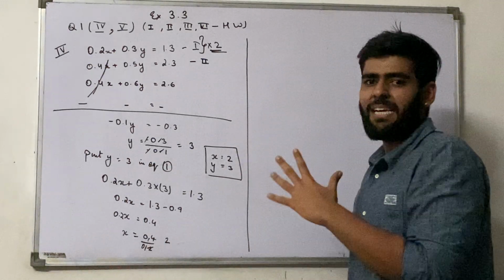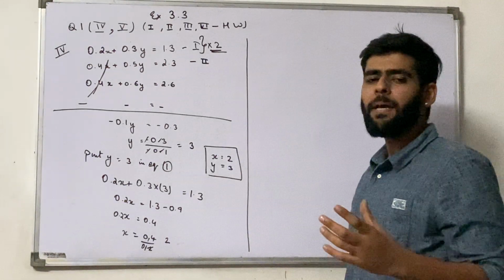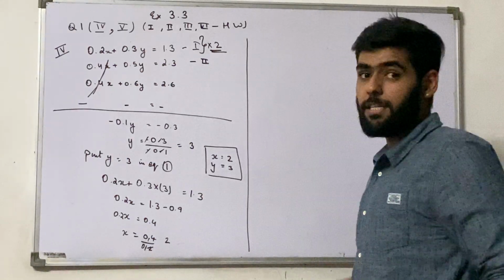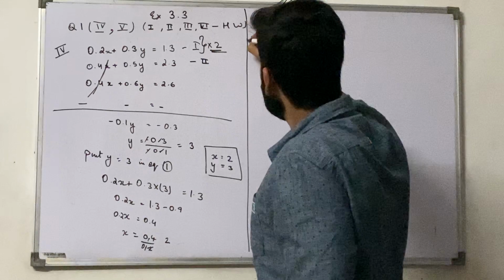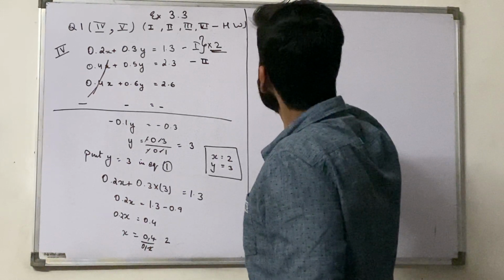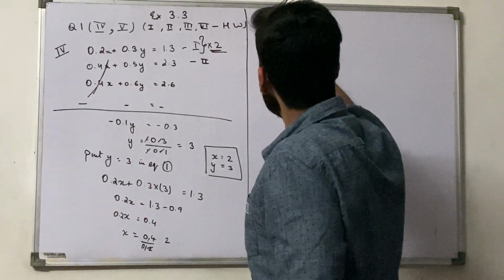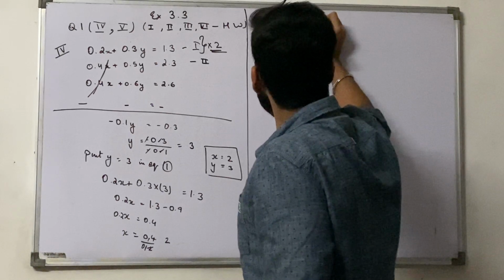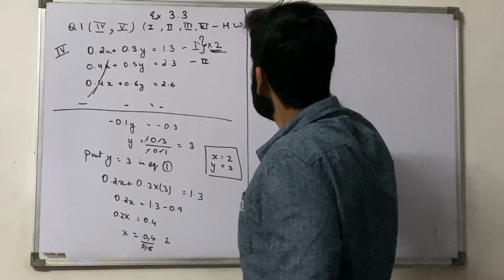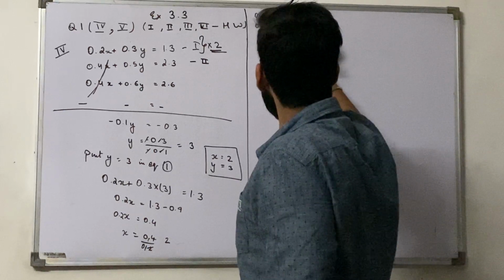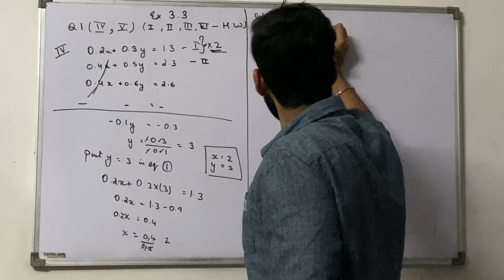Now you will just come to know why the substitution method is a difficult method. You will just see the number of calculations we have. So the first equation we will write, that is 0.2x plus 0.3y is equal to 1.3, and the second equation is 0.4x plus 0.5y is equal to 2.3.